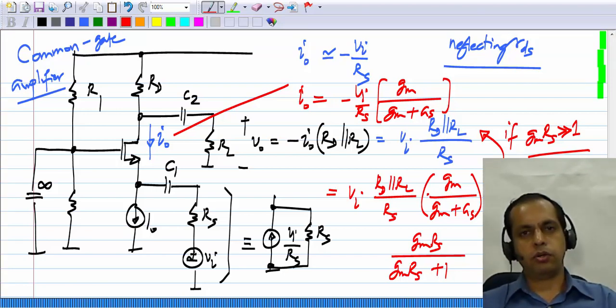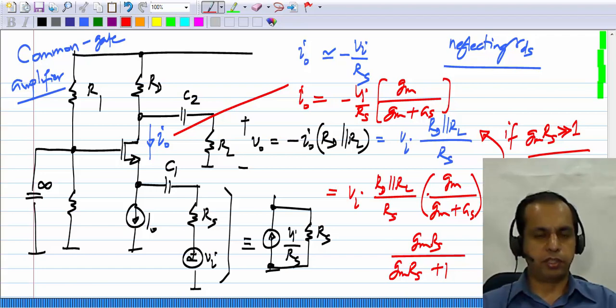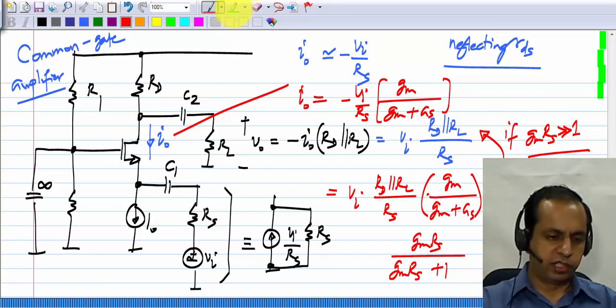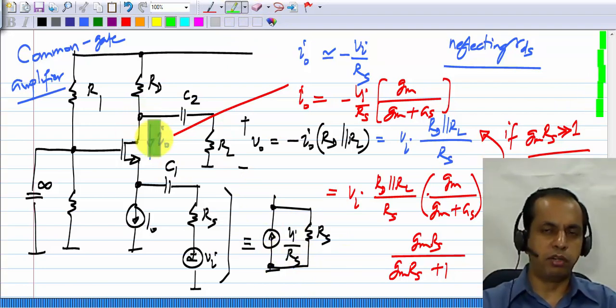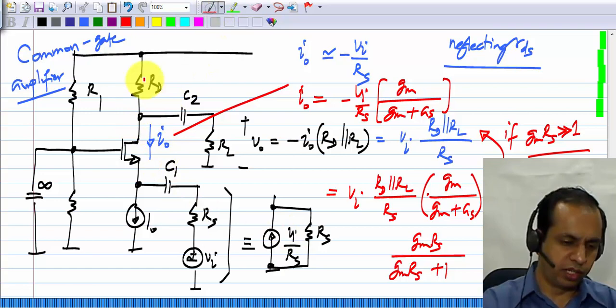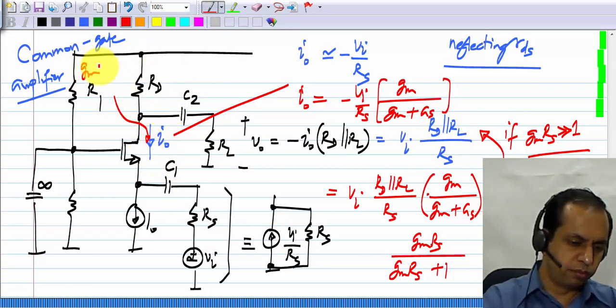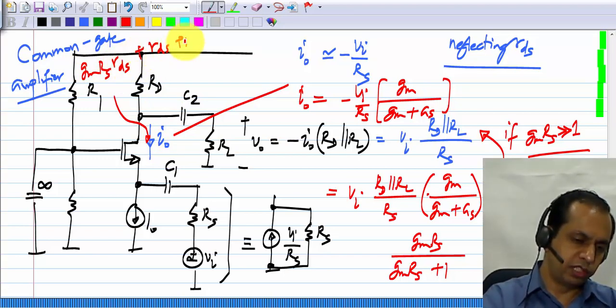It's a current controlled current source with gain 1. It's a current buffer. So what it does is, it takes a rather poor current source. This current source has a resistance Rs, and it gives you the same current but with a much higher resistance. Okay. Looking in here, you know that the resistance is Gm Rs Rds plus Rds plus Rs.